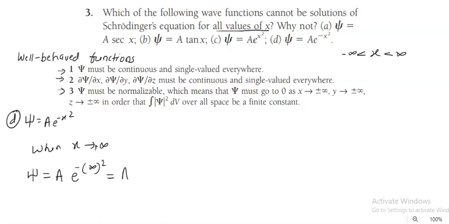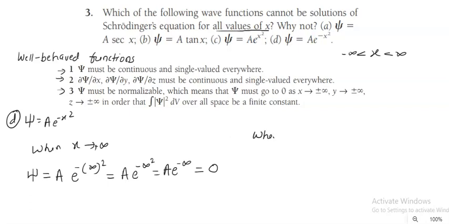So this is equal to A into e to the power negative infinity. So e to the power negative infinity is equal to 0, right?